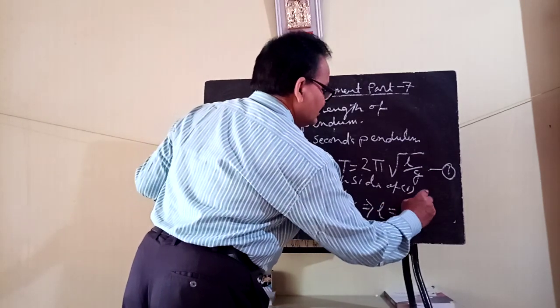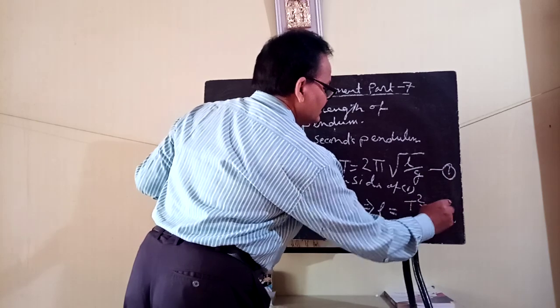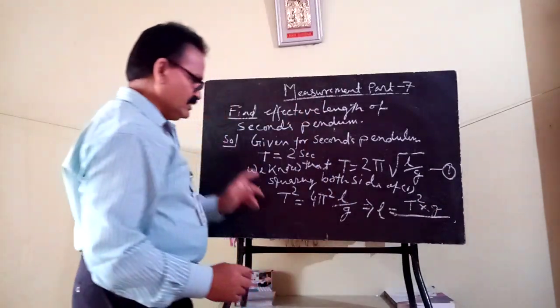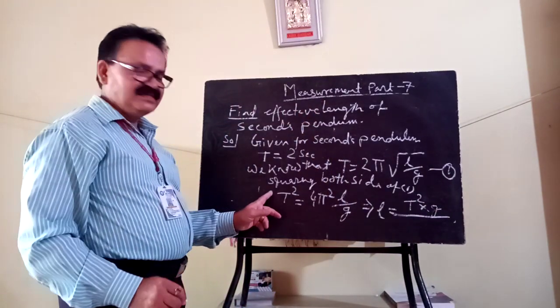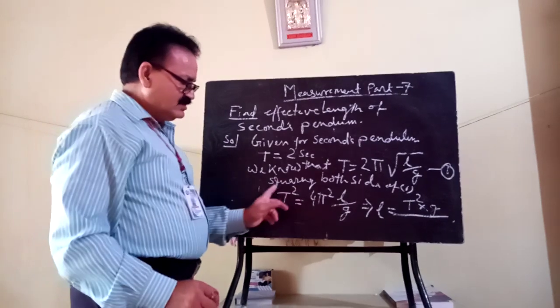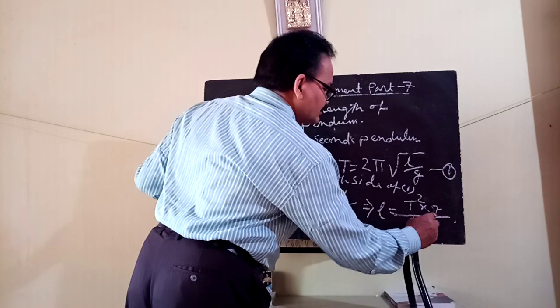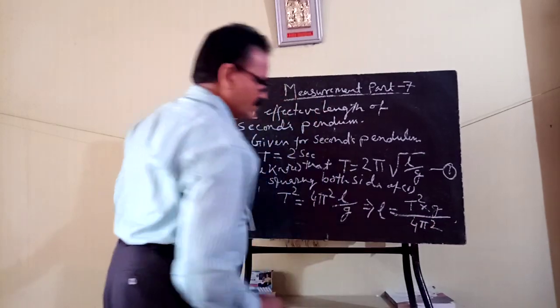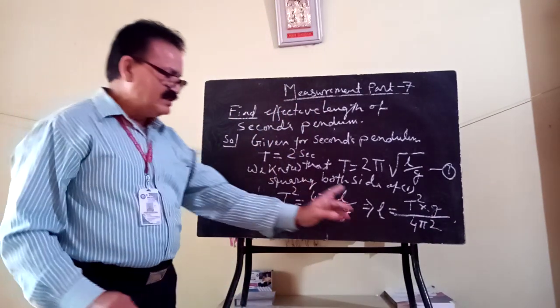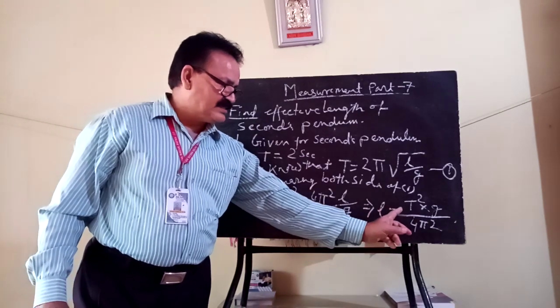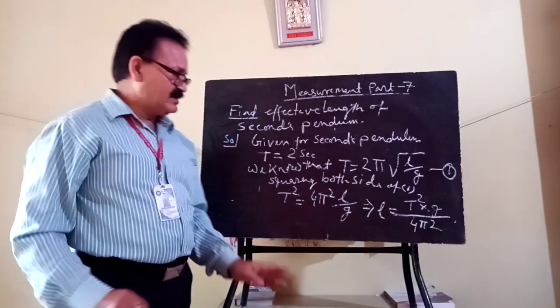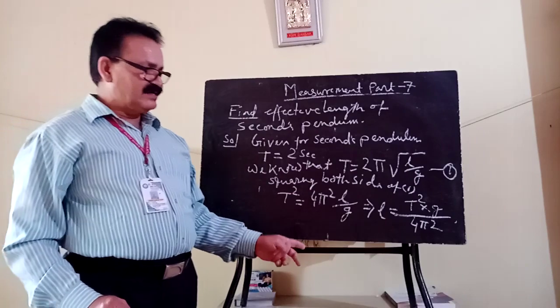You just cross multiply: T square into g divided by 4 pi square. Okay. Now in this formula, L equals T square into g by 4 pi square, you put the value.